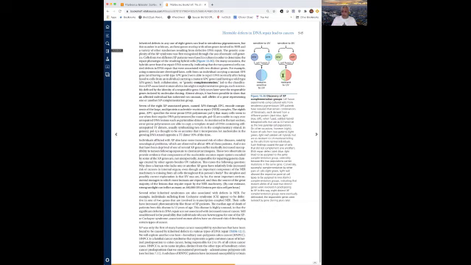In the second example on this side, if you have a mouse with a defect in this enzyme, and you have another mouse with a defect in that enzyme, and you make a hybrid cell, guess what? Because each cell is able to produce the second enzyme normally, for instance, if this mouse has a defect in enzyme A, but enzyme B is okay, their pathway is still broken because it's a pathway.